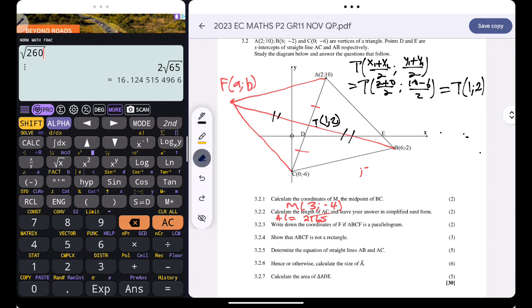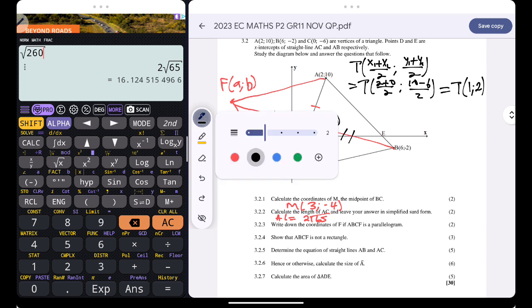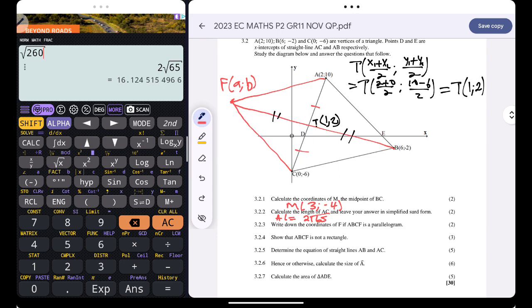So I can simply find the coordinates of F. How can I do so? I know that the x value at F plus the x value at B all over 2 will always give me the x value at T. Same applies with the y.